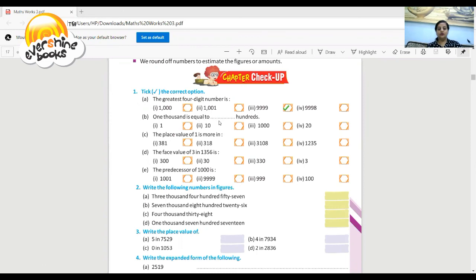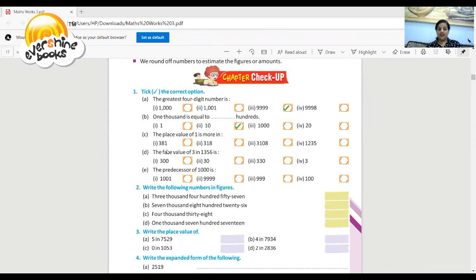1000 is equal to how many hundreds? How many hundreds? 1000 is equal to 10 hundreds. The place value of 1 is more in which number?